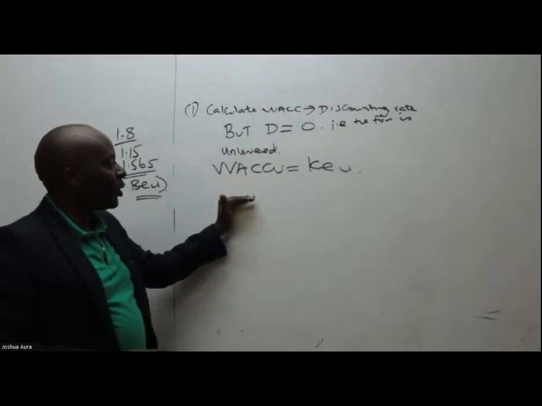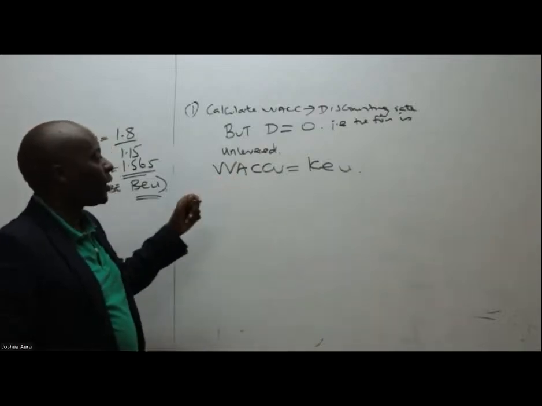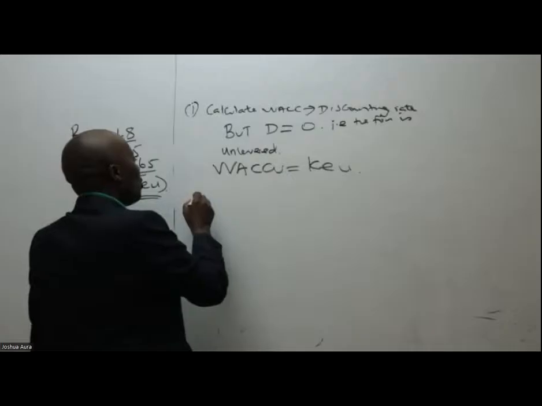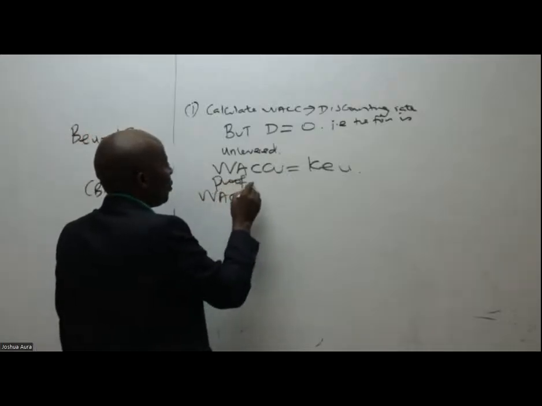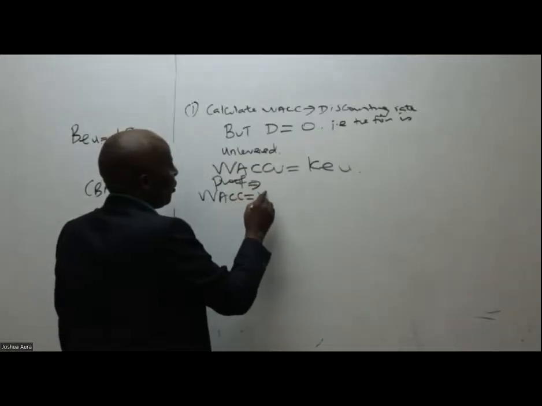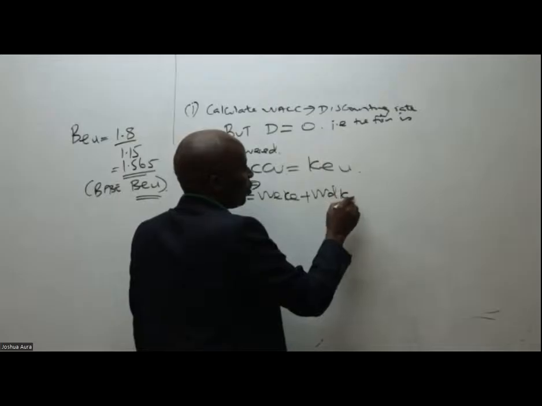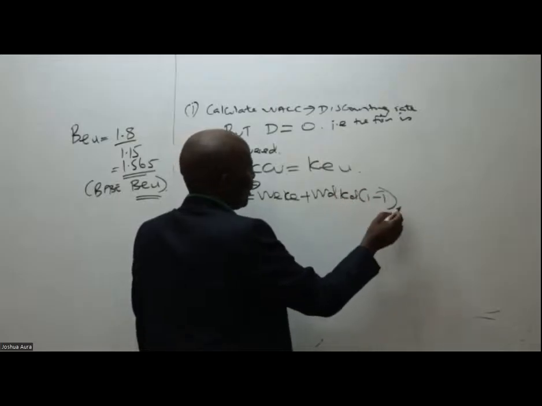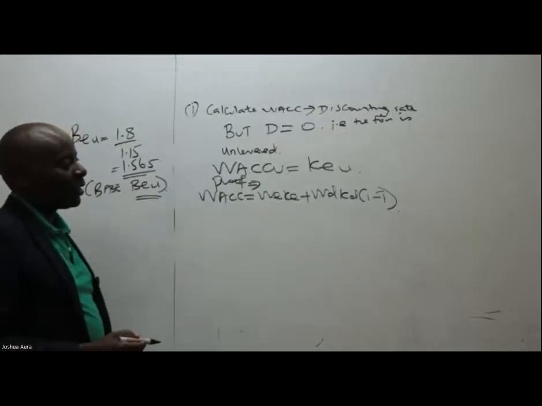No. It's WACC(U) equals Ke(U). And we can prove this. To get WACC, we take weight of equity times cost of equity, plus weight of debt times cost of debt, times 1 minus tax.